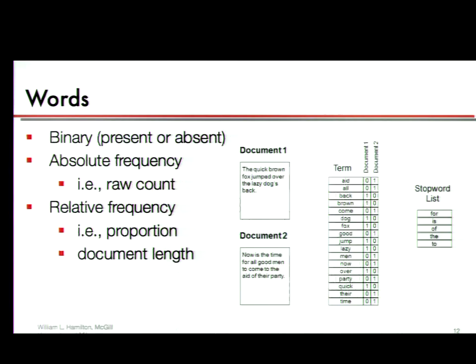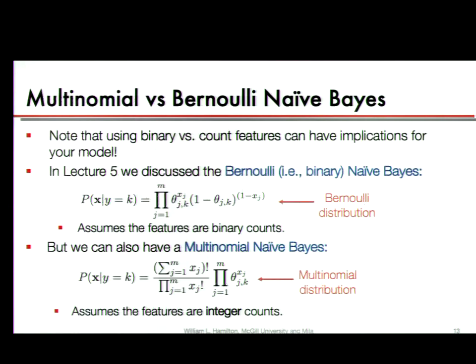So that works well when we have a binary encoding of the words, but you can't run a Bernoulli or a binary naive Bayes when your features aren't binary. So this is just a quick pointer to the fact that in addition to the binary or Bernoulli naive Bayes, we also have the multinomial naive Bayes. So instead of us modeling the output, so the distribution of the features given the class, as a binary coin flip, we model it as a multinomial distribution, so the outcome of n different coin flips.